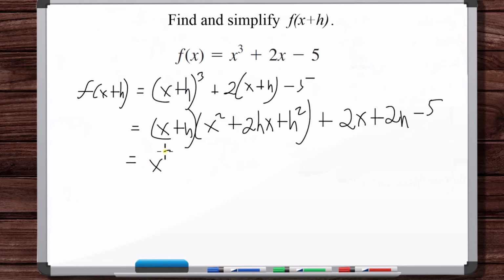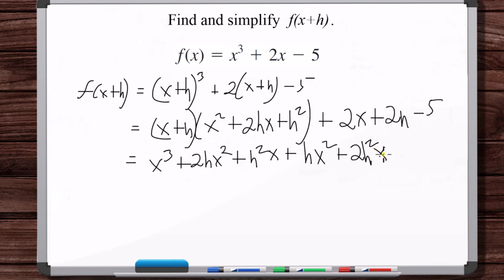Okay, so x cubed plus 2hx squared plus h squared x plus hx squared plus 2h squared x plus h cubed plus 2x plus 2h minus 5.